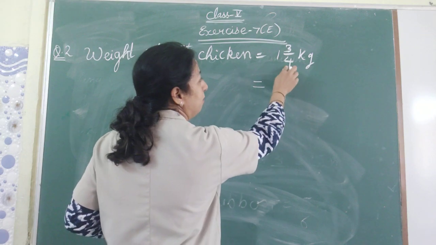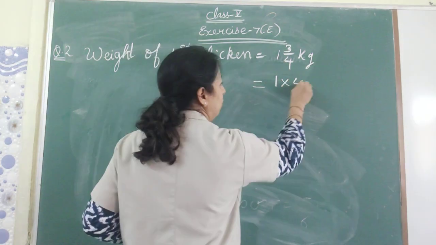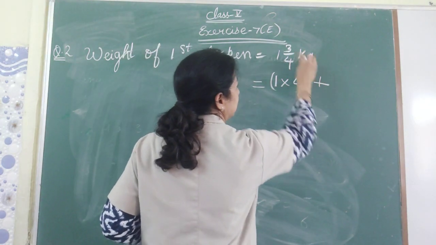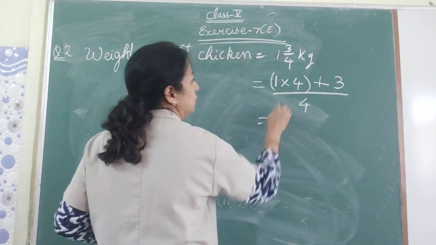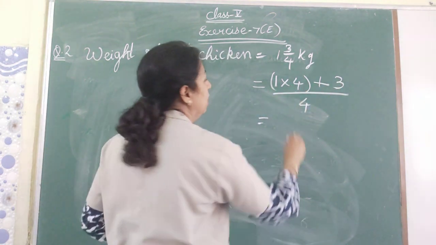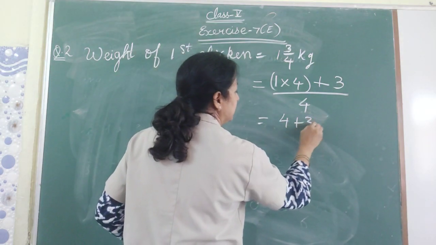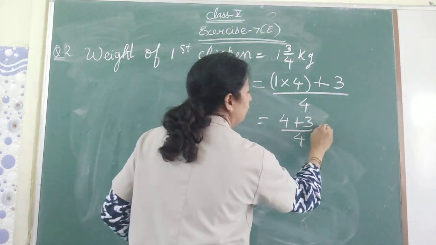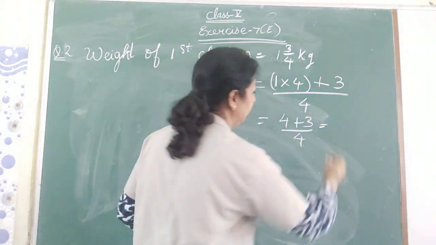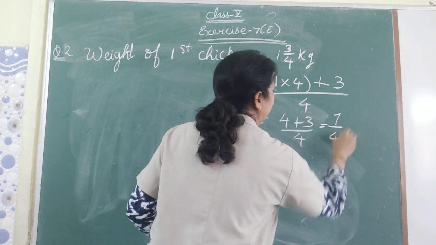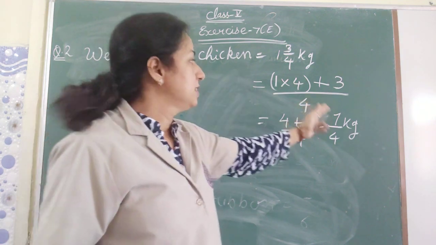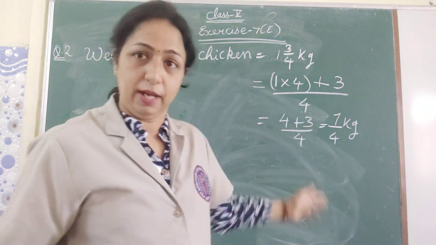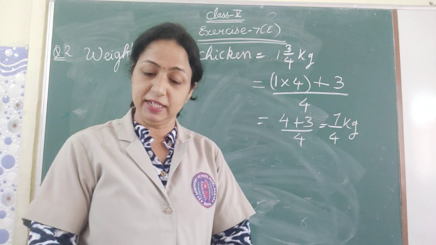What do we do? 1 multiplied by 4 plus the numerator 3, over 4. So 1 into 4 is 4, plus 3 is 7. So 7/4 kilogram. So the weight of the first chicken is 7/4 kilogram. Now what is the weight of the second chicken?